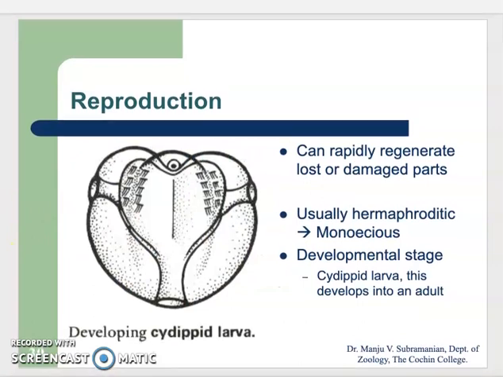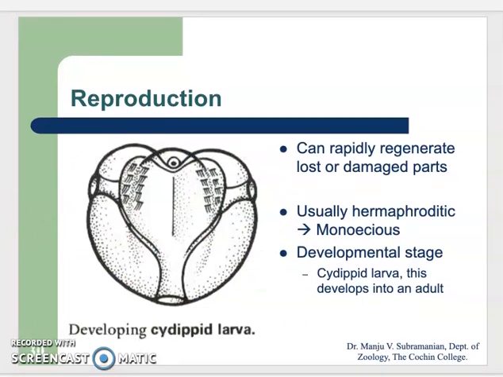The fertilized eggs are released into the water, and the egg develops into a cydippid larva, which superficially resembles the adult, into which it directly develops. This is a picture of a developing cydippid larva.